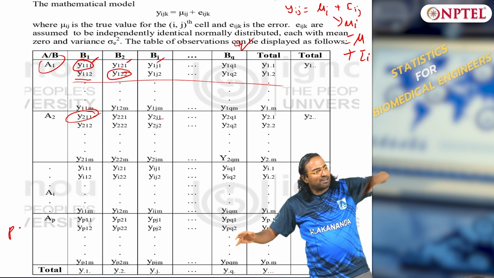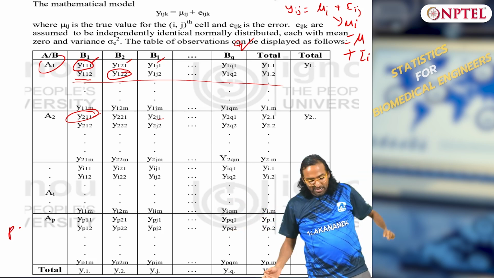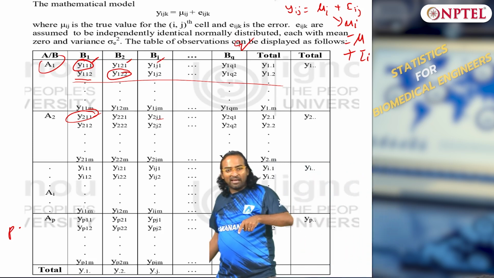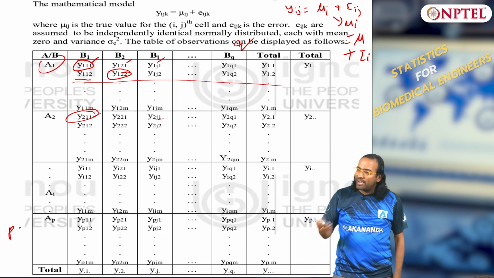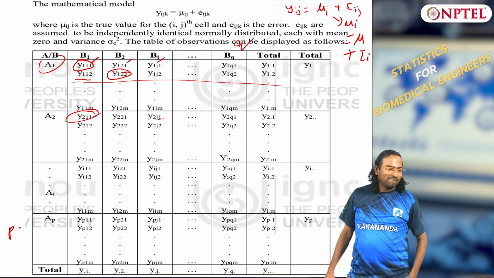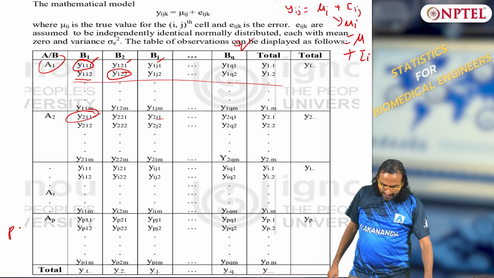There is only one factor, the rows, where i is the treatment. Similarly here i and j are the factors. K is not a factor, K is just a replicate number. So this mu ij has to be expanded. How do I write mu ij?